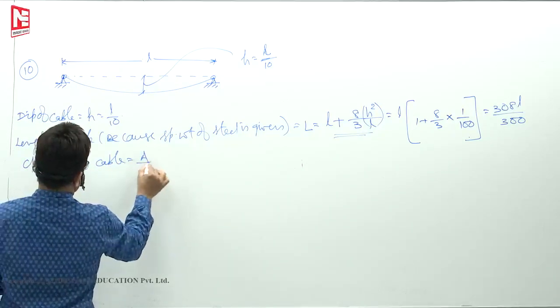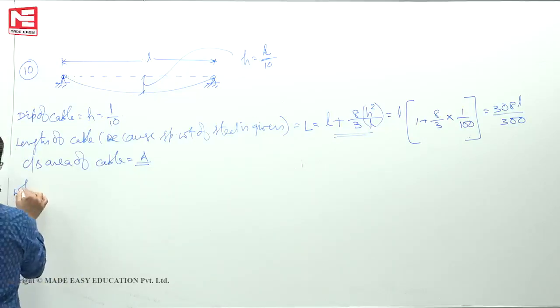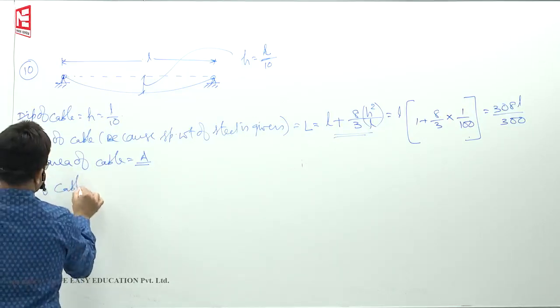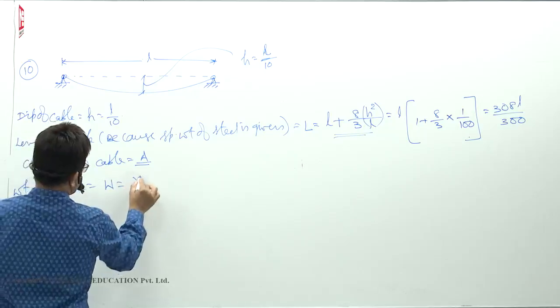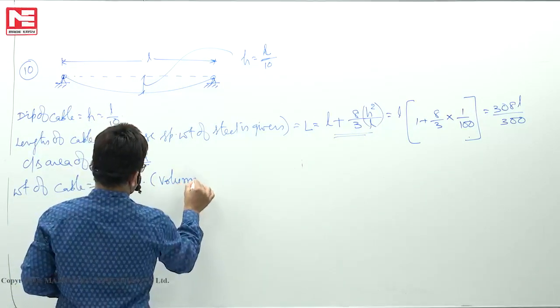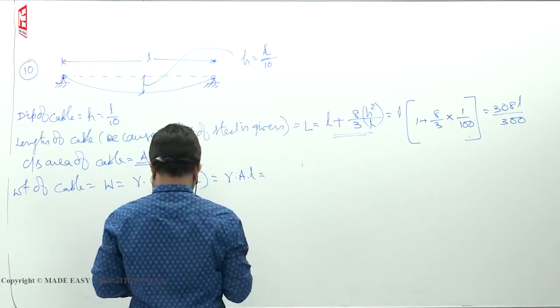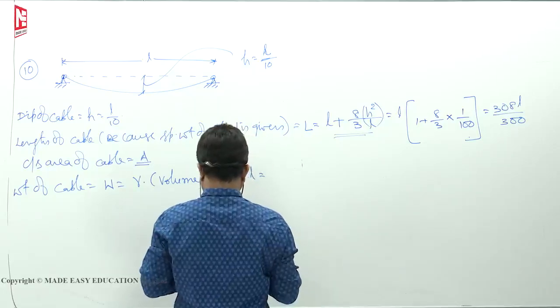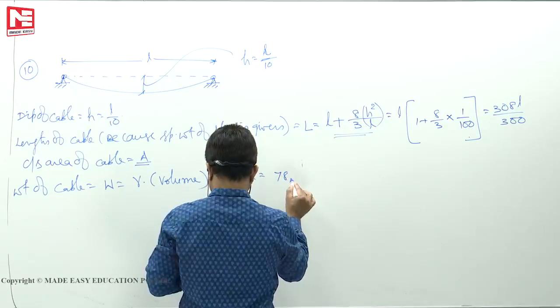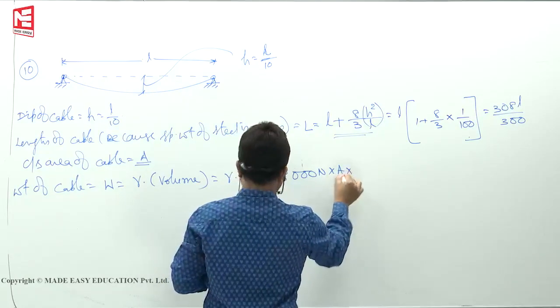Now, the cross-sectional area of the cable, let us say capital A. Because specific weight is given, the weight of cable is specific weight into volume. That means gamma A L. This is given as 78 kilonewton, that means 78,000 Newton, into area into length.